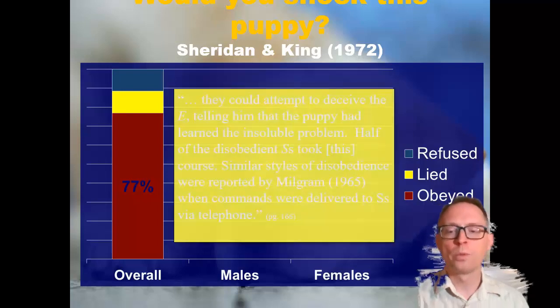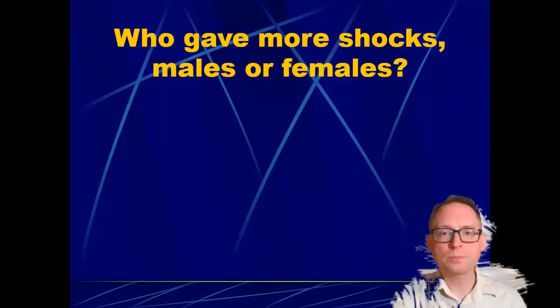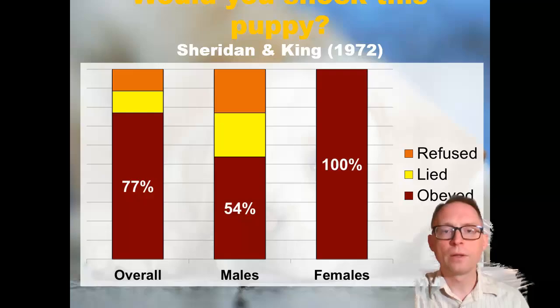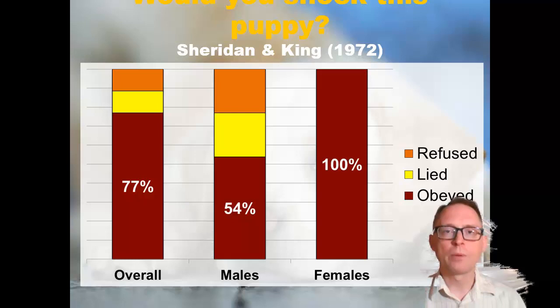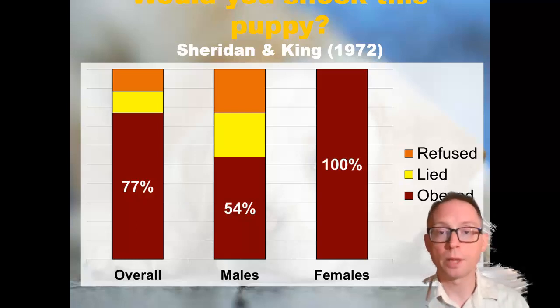When we split it by males and females, we found that 54% of the males gave all the shocks. 100% of the females gave all the shocks. Now, we don't need to get into this too much. I do think that 1972 is a different time and place, and I think that there's gender norms that are involved here.